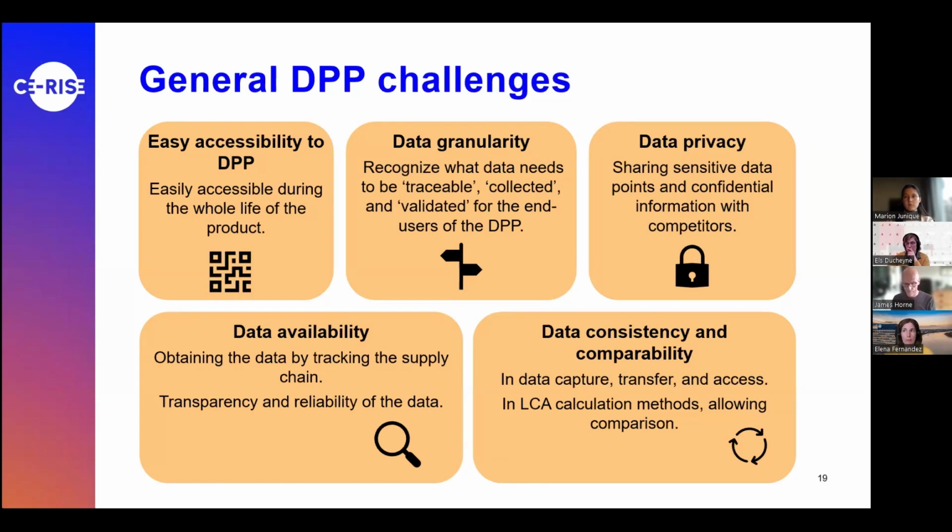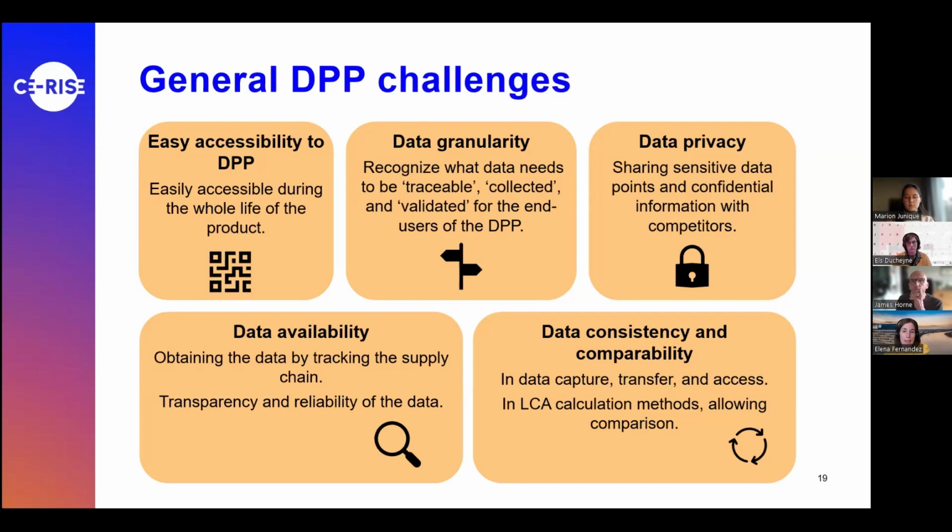So sharing sensitive data points and intellectual property with competitors is a big concern for the industry stakeholders. The data availability. So many industry stakeholders think that obtaining the data to be included in the digital product passport is a challenge, and the transparency and reliability of the data contained is also seen as a challenge.